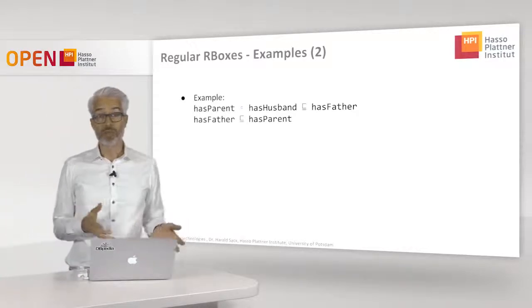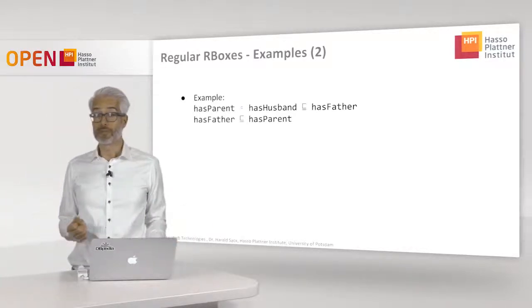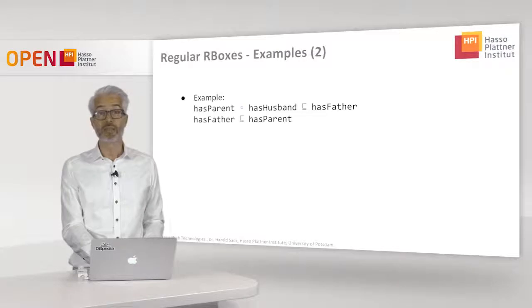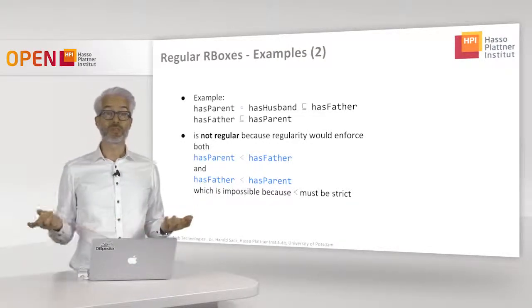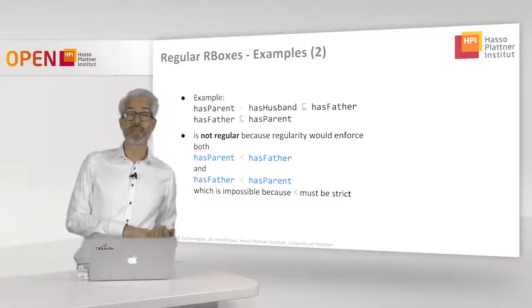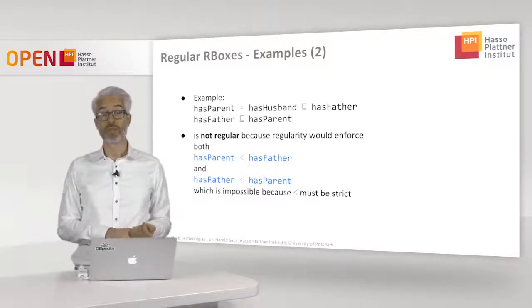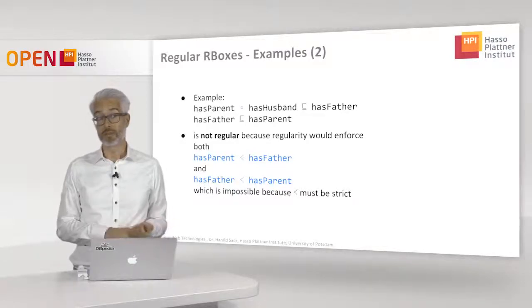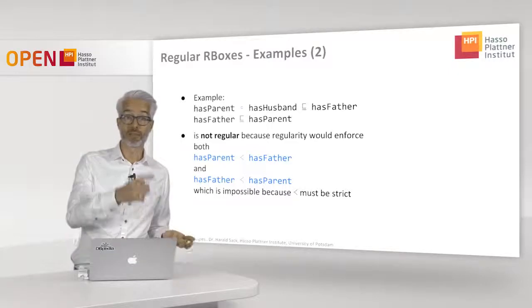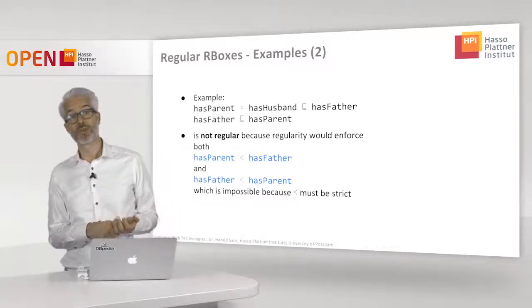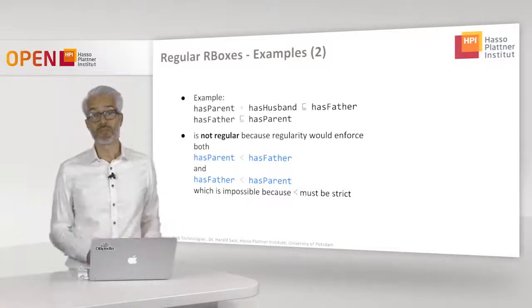The problem here is, of course, I could say that, and all of these assumptions are valid, but they are not regular, simply because it would enforce first that has parent is, from the first one, smaller or a specialization of has father, which doesn't hold. And on the other hand, has father is also, as you see here, a specialization of parent. So here no strict ordering is possible.